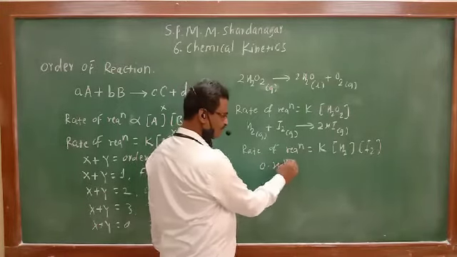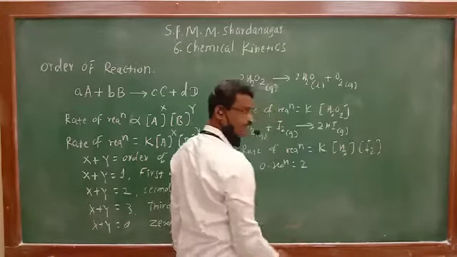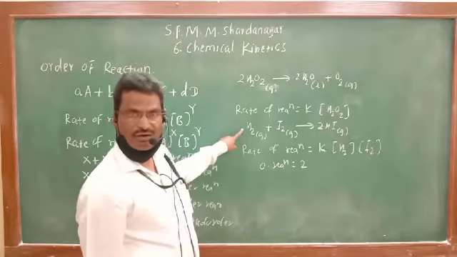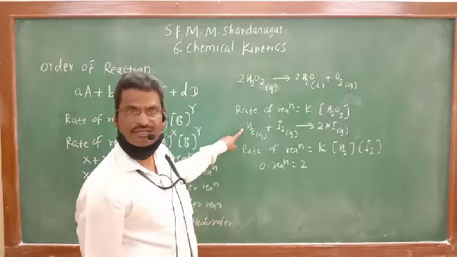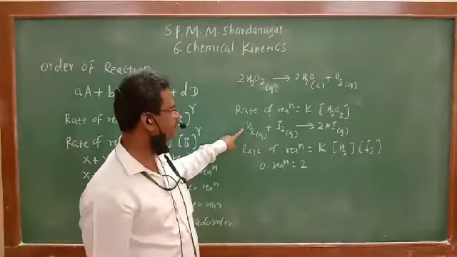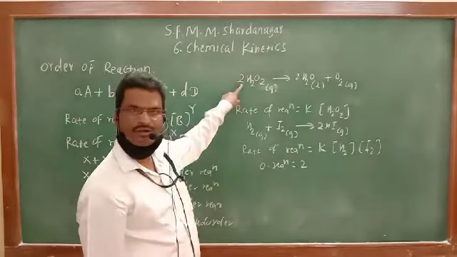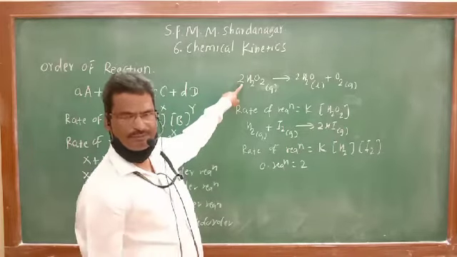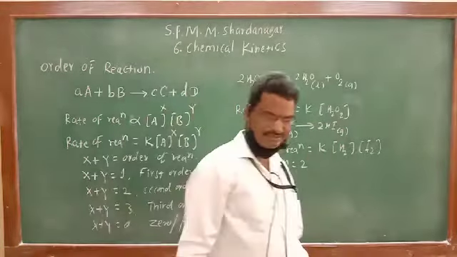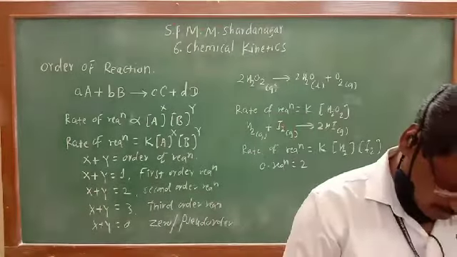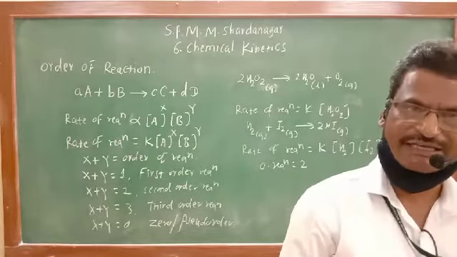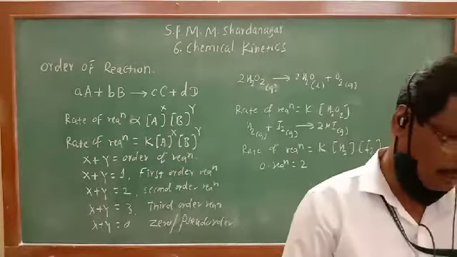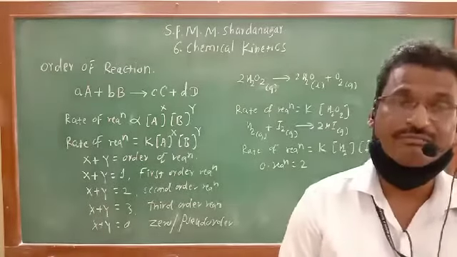Order of reaction X plus Y is equal to 2. 1 plus 1, that is 2. Therefore this reaction is known as a second order reaction. This is a first order reaction. So that is the difference between first order and second order. And order of reaction is an experimental quantity because it is the summation of exponents of concentration of reactants in the rate law equation.